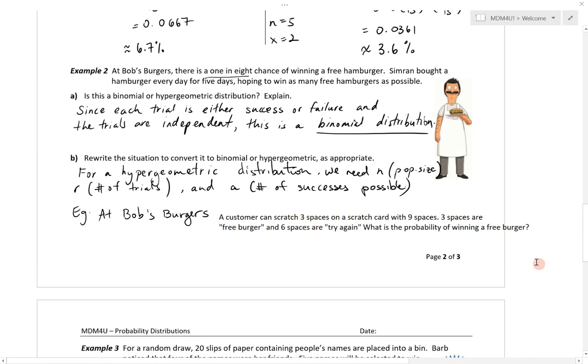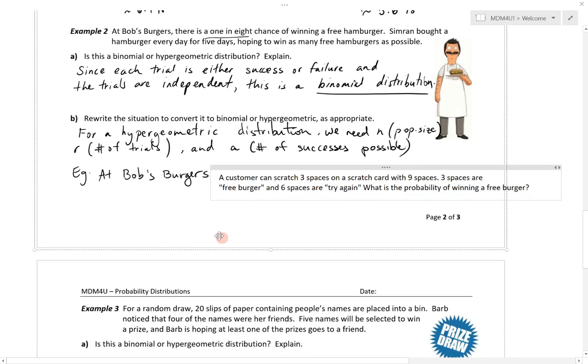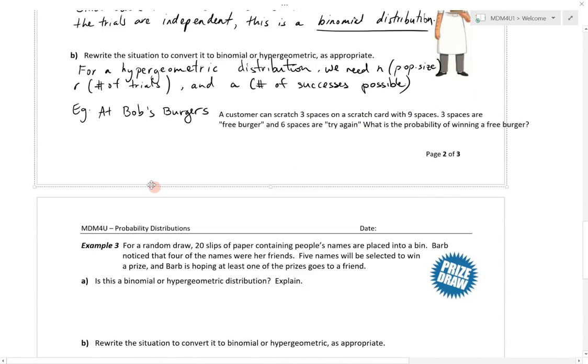So we're going to conduct 3 trials, right? And then out of those 3 trials, you can get a success. So you have 3 ways of getting a success, which would be my A value, and 6 ways of getting a failure. So that would be a total of 9. Okay, so we just now changed the problem to a hypergeometric problem. As simple as that.